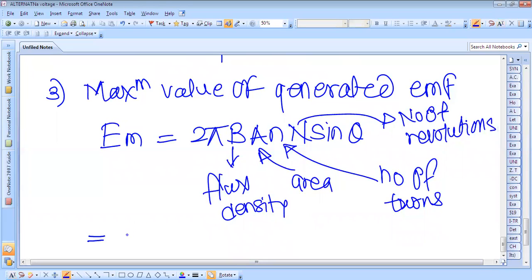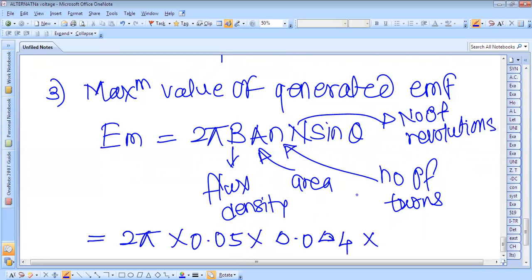So it is 2 pi into flux density, given as 0.05, into area, given as 40 centimeter square, that is 0.004, into number of turns, given as 100, into the number of revolutions per second, 1500 divided by 60.